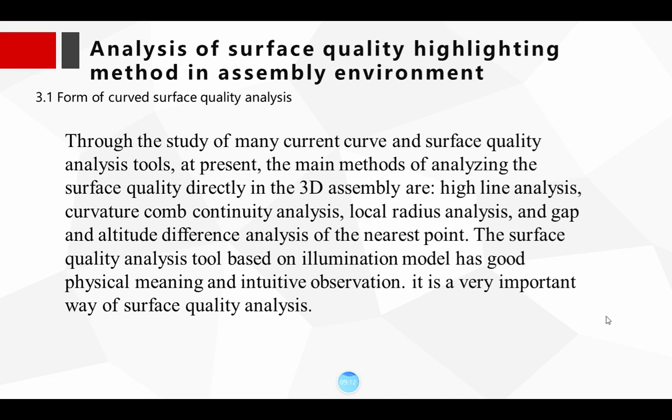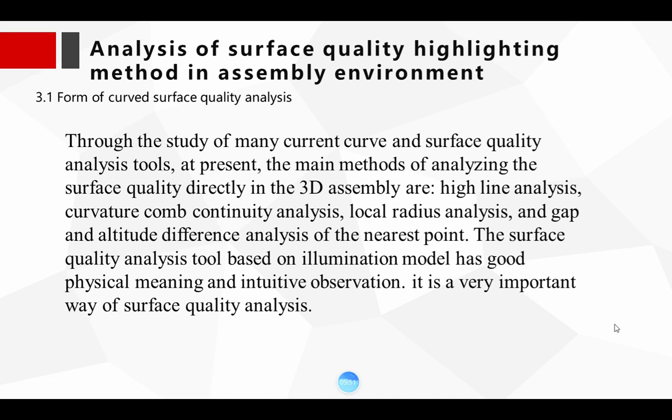Through the study of many current curve and surface quality analysis tools, at present, the main methods of analyzing the surface quality in the 3-dimensional assembly are such as these: highlight analysis, continuity analysis, local relation analysis, and gap and altitude difference analysis of the nearest point.